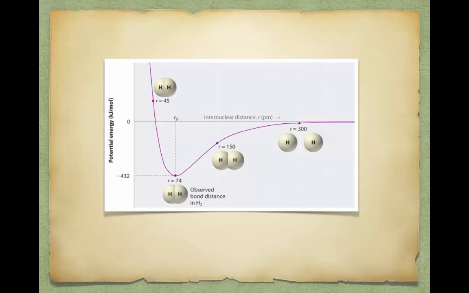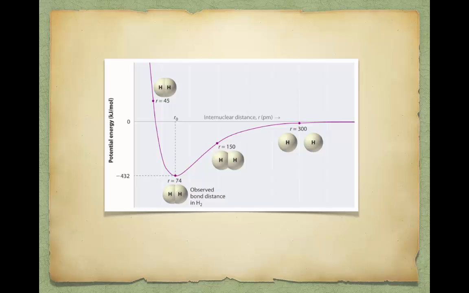This graph is crucial in understanding covalent bonds because it demonstrates the ideal distance between atoms in order to maximize the attractive electrostatic forces that exist between the two atoms. As you can see on this graph, on your y-axis you have potential energy, and on your x-axis you have internuclear distance. If potential energy is above 0, that means the atoms are repelling one another.